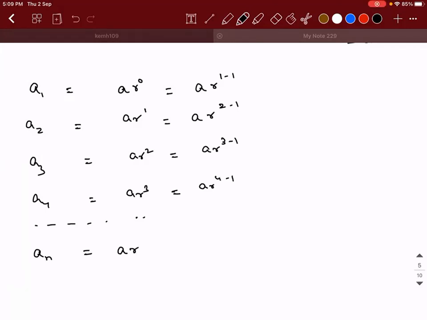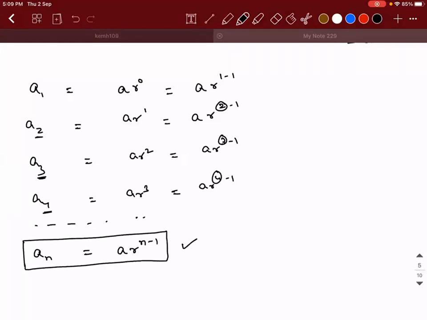AR power n minus 1. This is called the nth term of a GP, the nth term of a geometric progression. Correct?